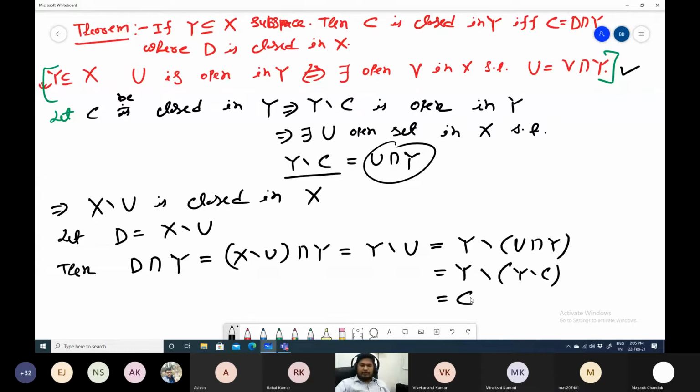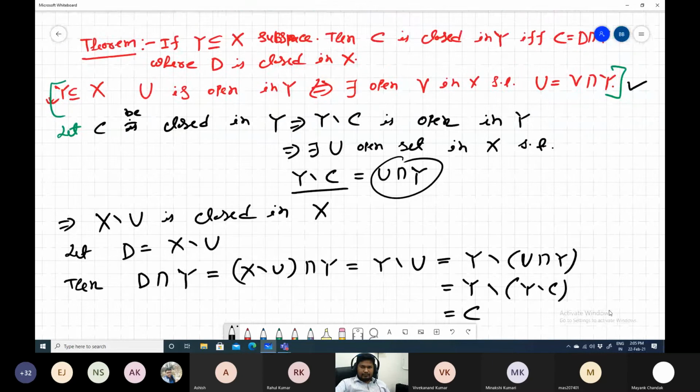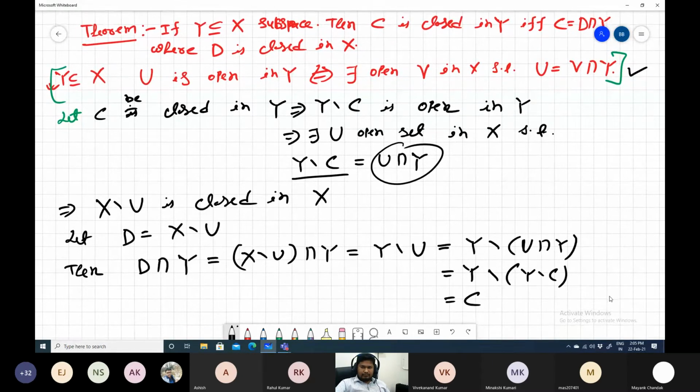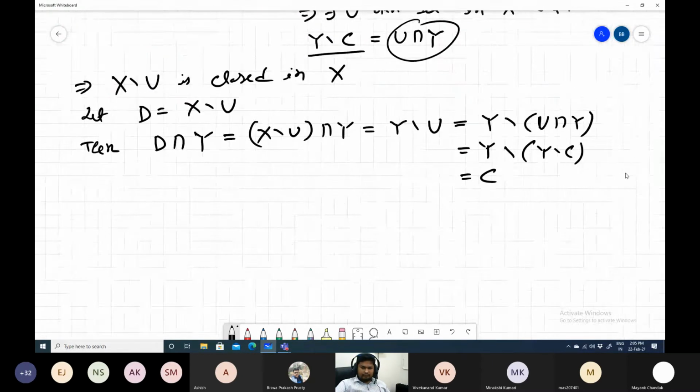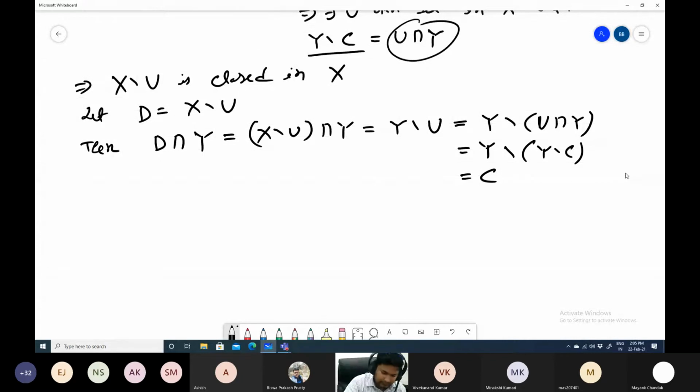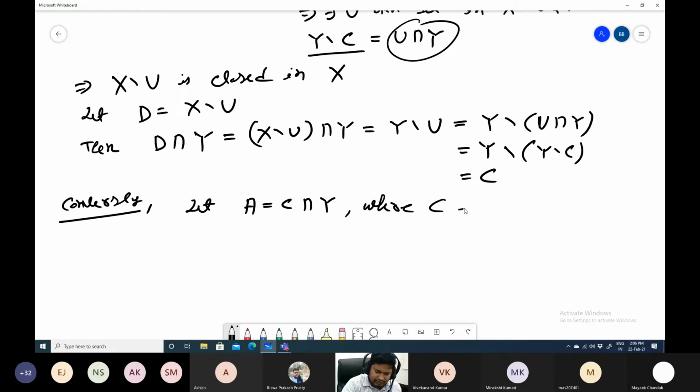Now conversely, you can also prove that. So let's say A equals C intersection Y, where C is, say, closed in X. Okay, so we need to prove that A is closed in Y. So what will we show?